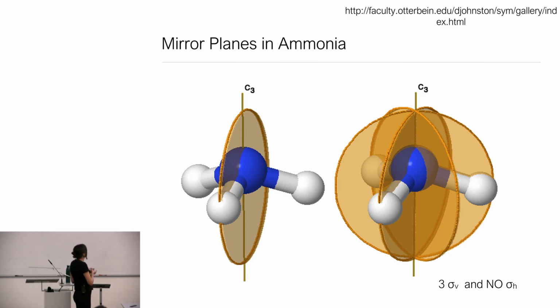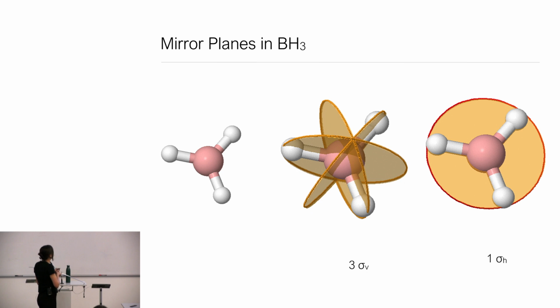And you can see also that there is no plane perpendicular to that. There is no sigma h because the ammonia actually is bent out of the plane, right? And this would be in contrast to something like boron trihydride, where everything sits in a plane. And so I have not only those 3 sigma v's, but the added symmetry element of actually having a horizontal plane of symmetry.